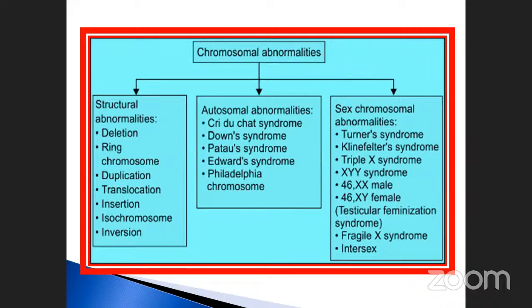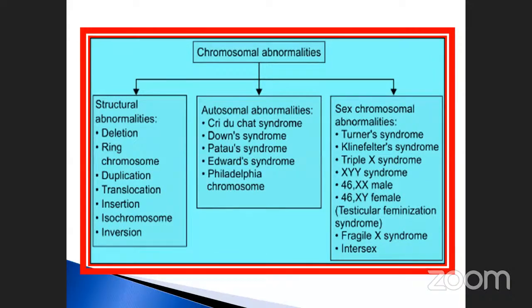It may be due to addition, deletion, substitution, transition or inversion. There are so many changes. As a result, the chromosome number also changes, whether less or gained.